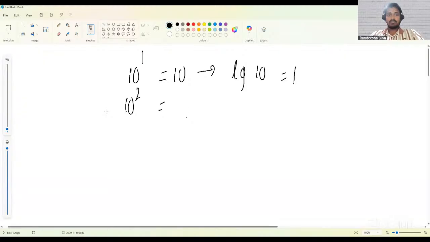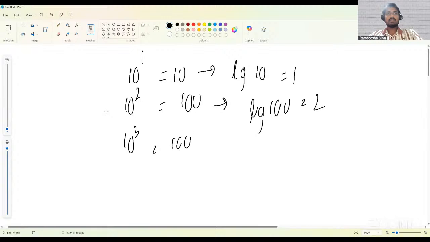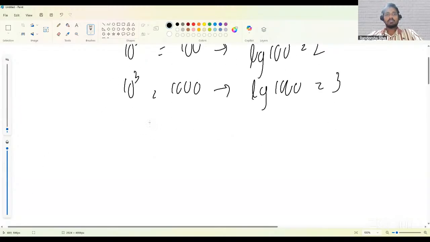What is it? It's 100. So LG 100 is 2. Likewise, 10 to the power 3 is 1000, so LG 1000 is 3. This is kind of a short thing.